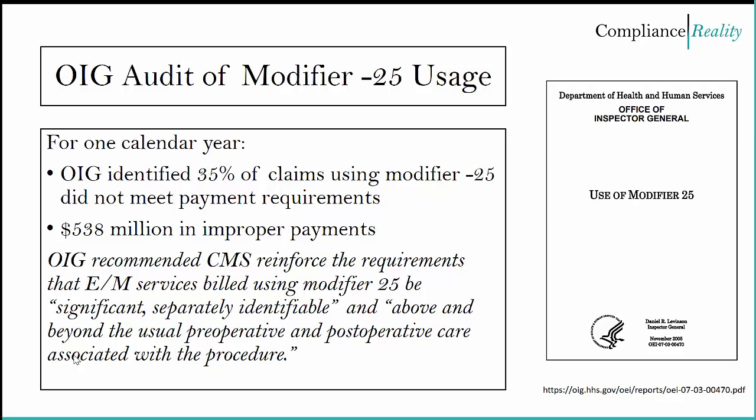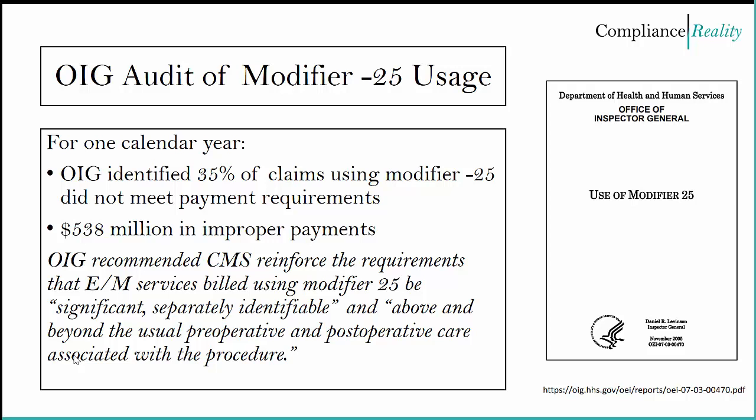In their report that's referenced here with the link, OIG recommended that CMS reinforce the requirements that E&M services billed using Modifier 25 be, quote, significant, separately identifiable, and above and beyond the usual preoperative and postoperative care associated with the procedure, end quote.